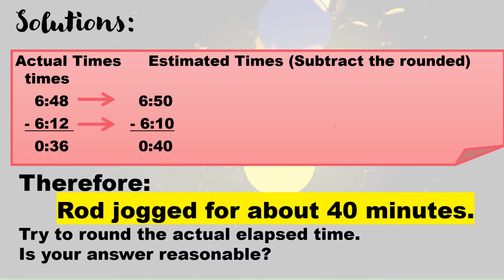It will round down. So by subtracting the estimated times, we have 40 minutes. Therefore, Rod jogged about 40 minutes. It is reasonable, because the actual elapsed time of 36 minutes will be rounded up to 40 minutes.